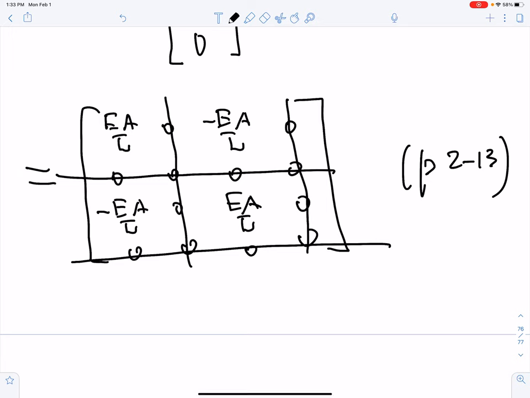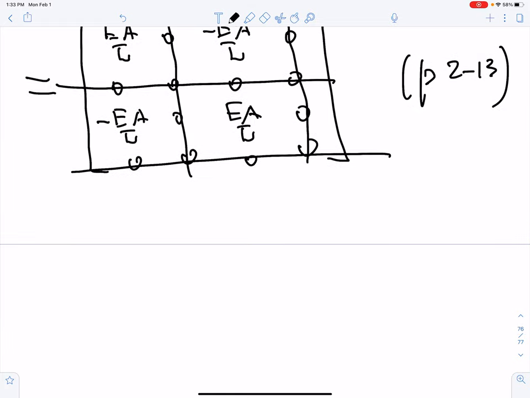These are the rows and columns that couple the vertical components of the displacement. There are no vertical components in a local coordinate system; the only components that remain are the horizontal components, right? And so in the horizontal components, you precisely get the structure of EA over L, minus EA over L, minus EA over L, EA over L, right?